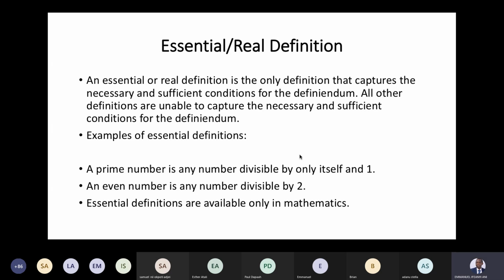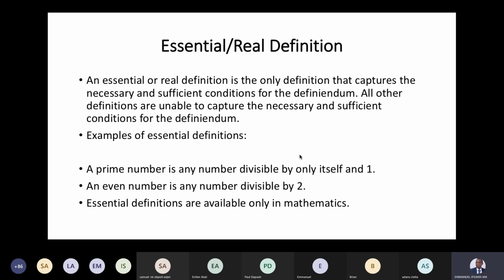So essential definitions are available only in mathematics. It is in mathematics that you perform an operation and there's only one outcome. 2 plus 2 has only one outcome. When you perform mathematical operations, they are supposed to give rise to just one correct outcome. There are no 2 correct outcomes in mathematics.